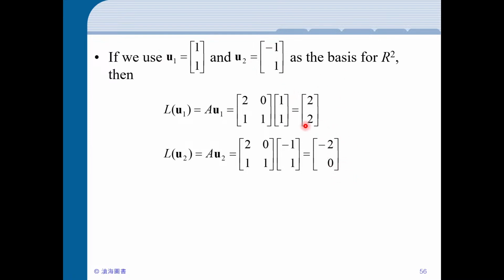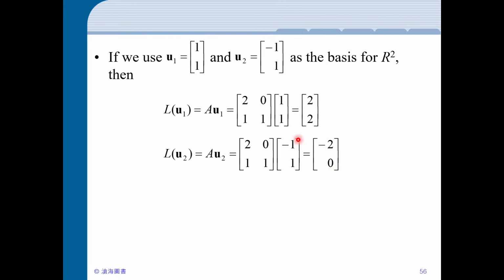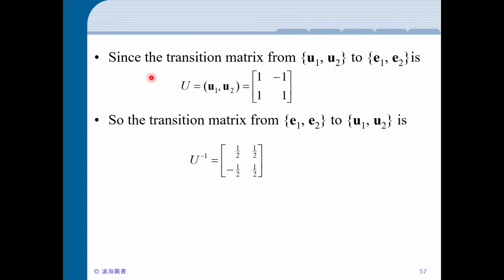But this is what U1 and U2 got mapped into in terms of the standard basis. Then we want to take those two vectors to the U1, U2 basis, so we want to find their coordinates in terms of U1, U2. We need the transition from E1, E2 to U1, U2.